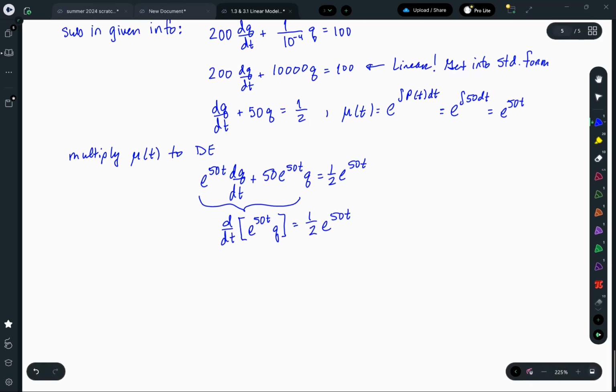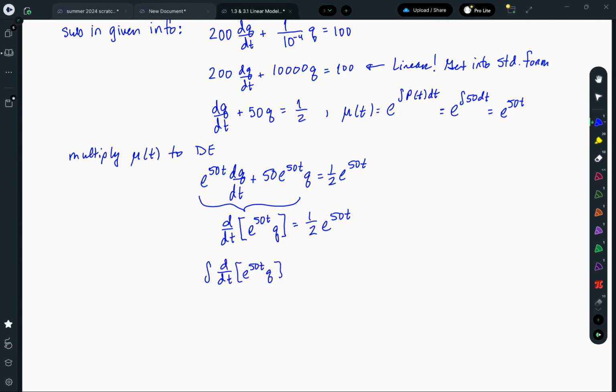Okay, we have equality, so we should be able to integrate on both sides with respect to the same integral. So I have the integral of d dt of e to the 50t q dt is equal to the integral of 1/2 e to the 50t dt.